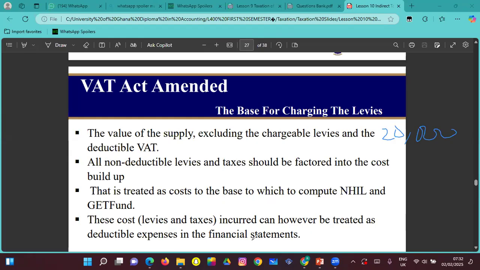Now, what the taxman is saying is that you have to calculate, so let's say you have 10,000.